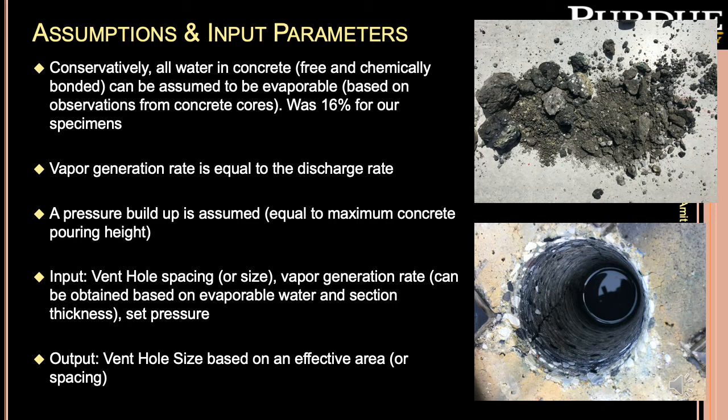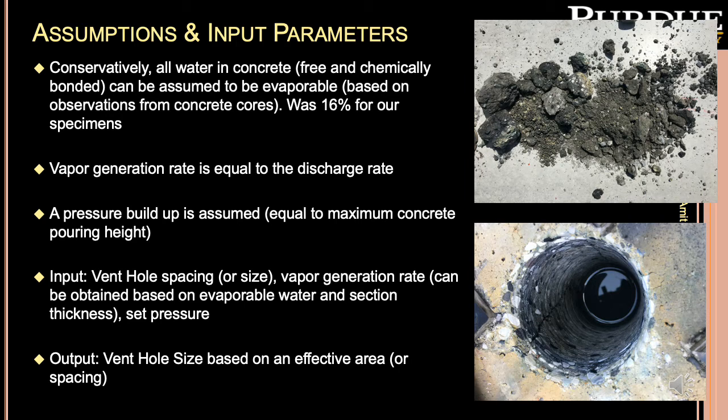And then the next assumption we made was that the vent hole calculation is for a steady state where the amount of vapor generated due to the fire loading is equal to the discharge rate based on the vent holes provided. But before this equilibrium is achieved, there is a pressure buildup which the method allows to be considered.